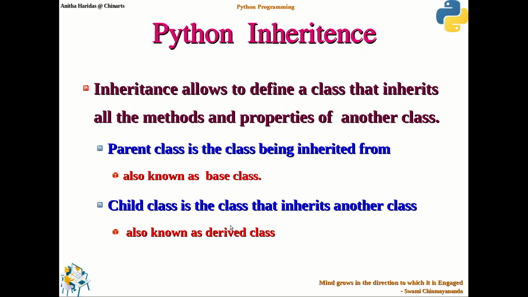So in inheritance you will have a parent and you will have a child. The parent class is also known as the base class and superclass. Make a note of it. And the child class is also known as a derived class as well as the subclass.